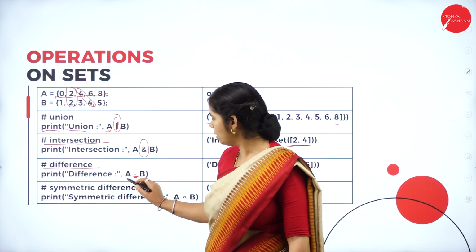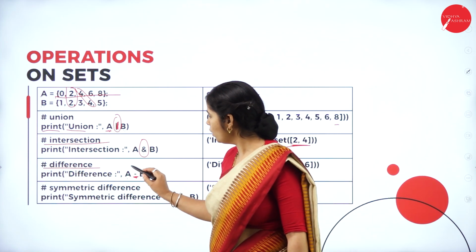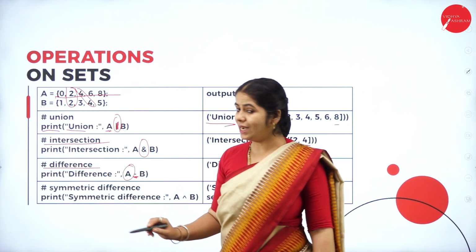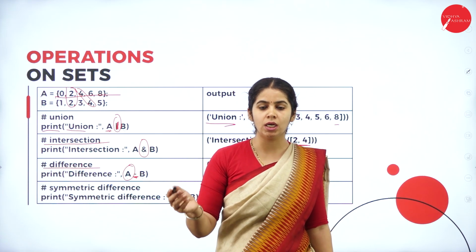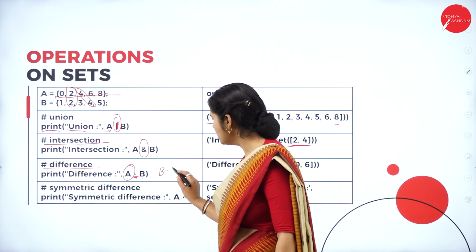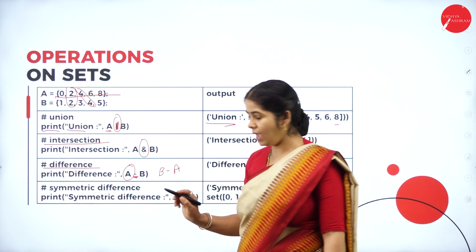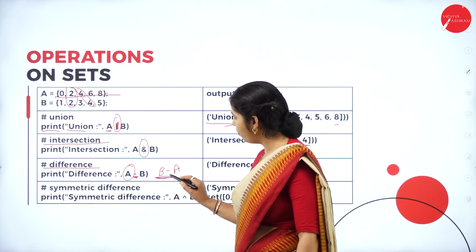So what does difference mean? If A minus B, I have to print only the elements that are present in A but should not be present in B. If I write B minus A, what is it supposed to print?